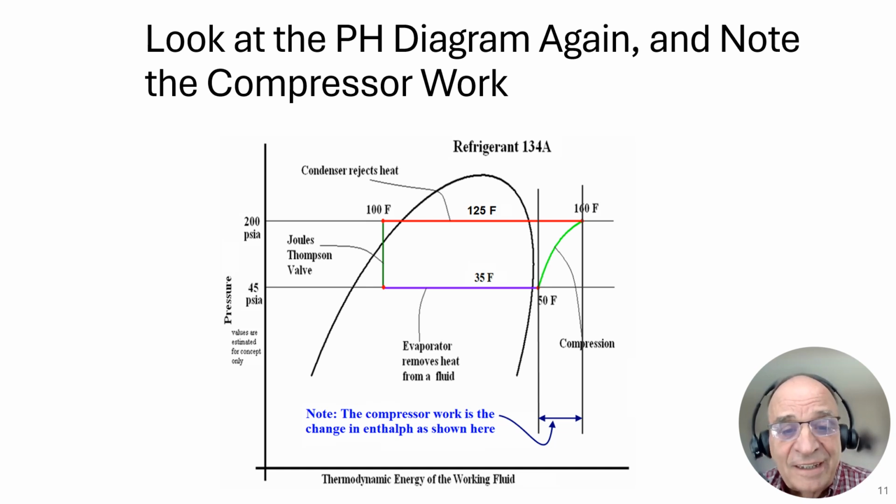Let's say I selected here to be that reference point. Well, this would be the enthalpy that's computed based on this reference point, and this would be the enthalpy based on this reference point. And the change in enthalpy would be as shown here. Where do you read the enthalpy? Along the x-axis.